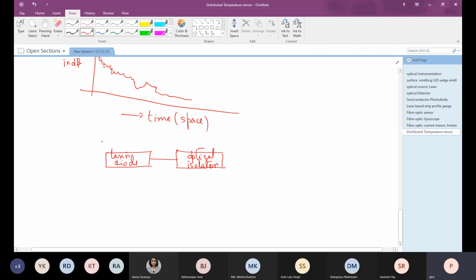It could be a pulse, it could be a laser diode, which needs to be modulated at a high frequency. Usually, for a high power pulse laser, a separate modulator is kept.